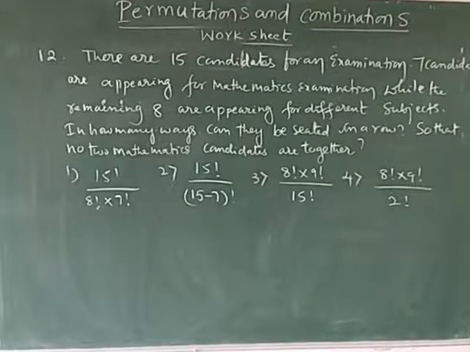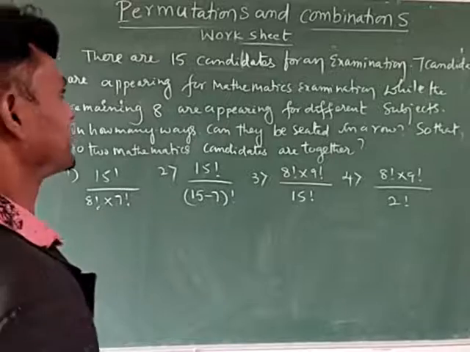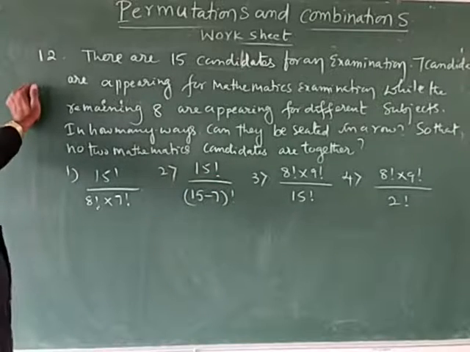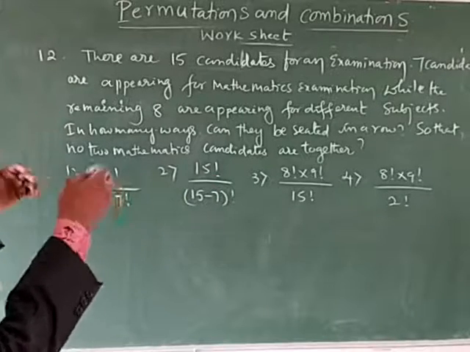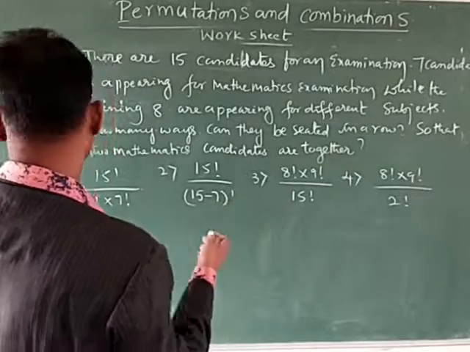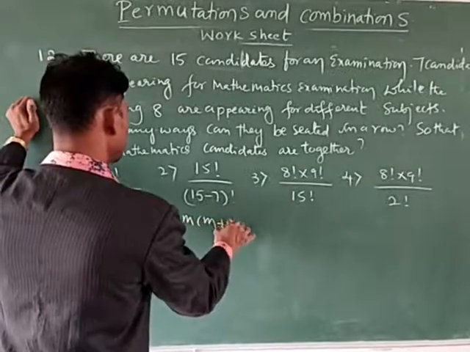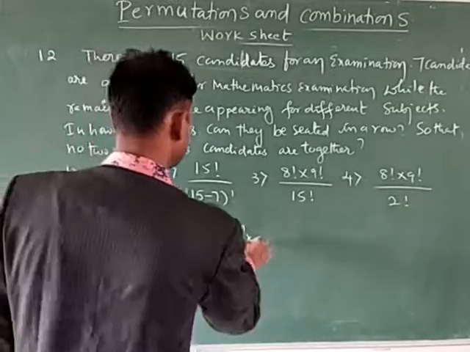See here, next 12th question. There are 15 candidates for the examination. 7 candidates are appearing for the mathematics examination, while the remaining 8 are appearing for different subjects. In how many ways can they be seated in a row so that no two mathematics candidates are together? See here, I already gave one formula. 2 different subjects are given, so they are not sitting together. One formula is given, m into (m plus 1) PR.